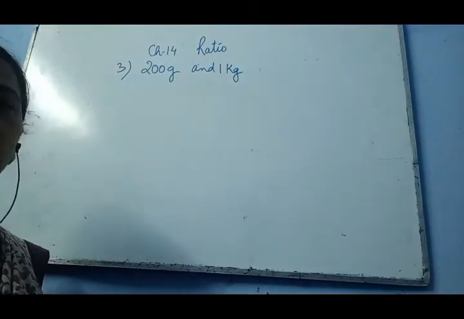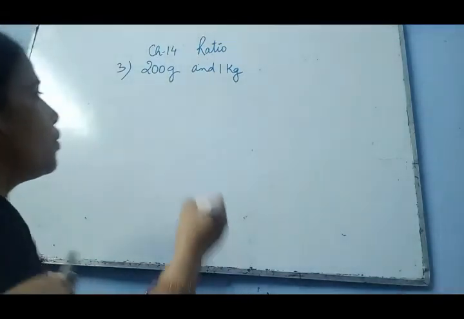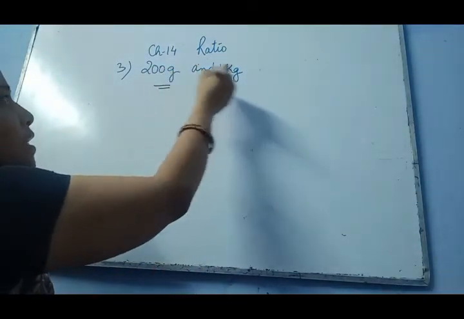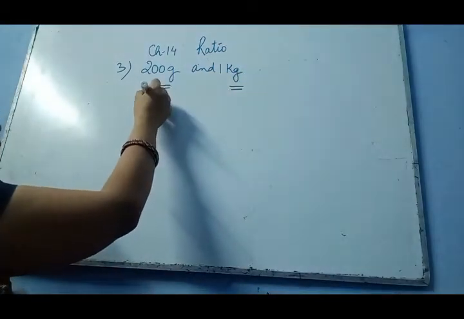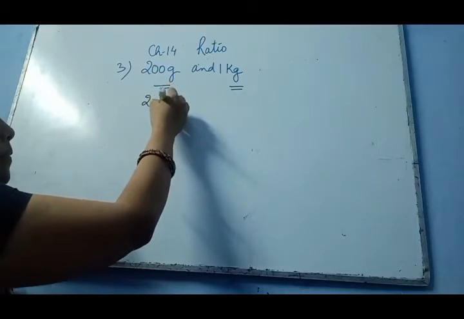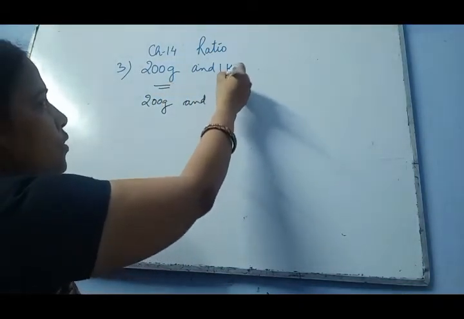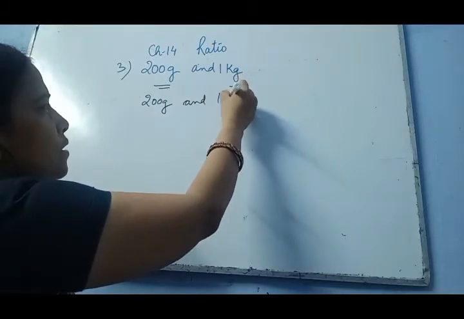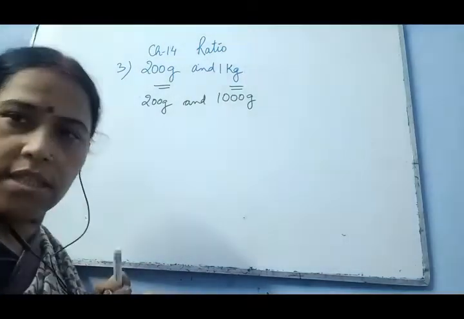Okay, you have to convert them into like terms. So for that what are you going to do? Gram we will leave like that, kg we are going to convert into gram. Okay, so 200 gram, and 1 kg means how many grams? 1000 grams. Okay, 1 kg means 1000 grams.